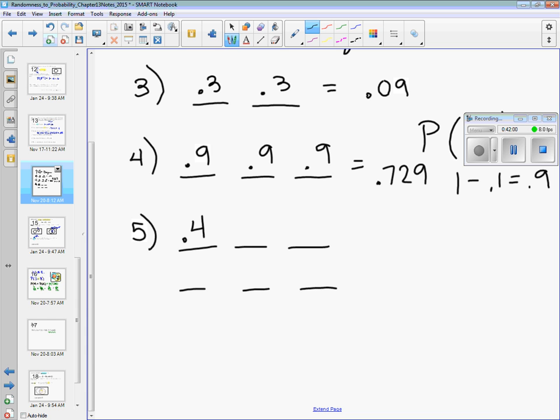The second one could be U.S. made? Or the third one could be U.S. made? And what would I fill in all the other blanks? 0.6, because that would mean they're not U.S. made. Would you agree? So we'd have 0.6 in the other slots.